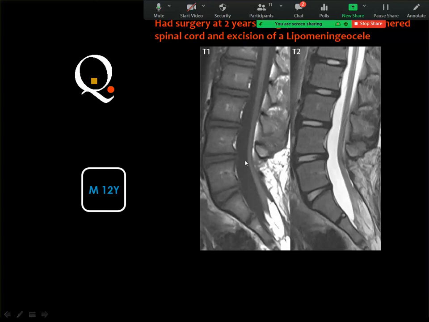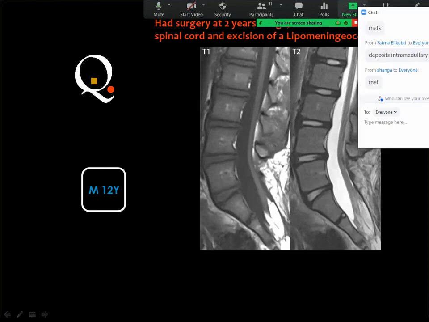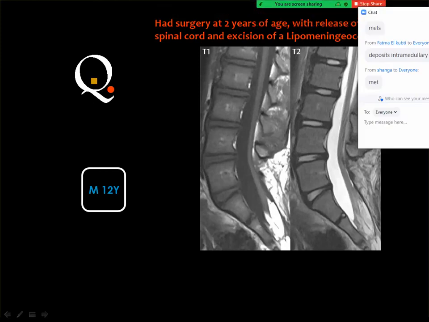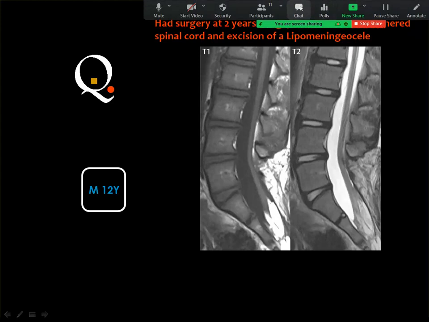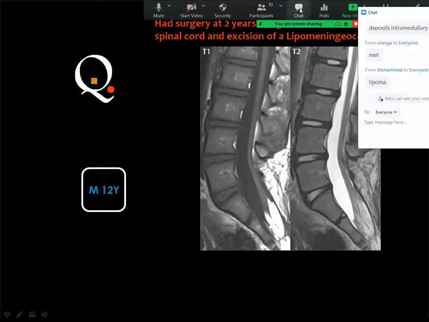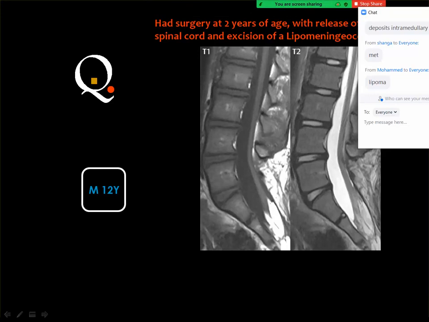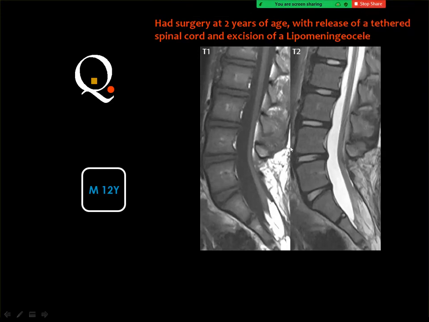The sagittal T1 and the T2 showed. Yes, and there is a lipoma, but what's more important is the cord tethering.